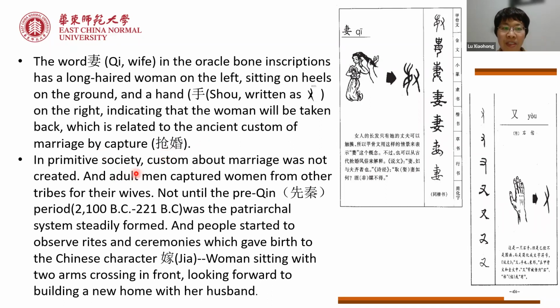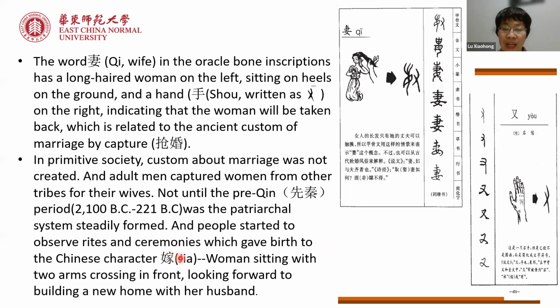In primitive society, customs about marriage had not yet been created. An adult man captured women from other tribes as wives. Not until the pre-Qin period was the patriarchal system steadily formed. Then people started to observe rites and ceremonies, which gave birth to the Chinese character jia.